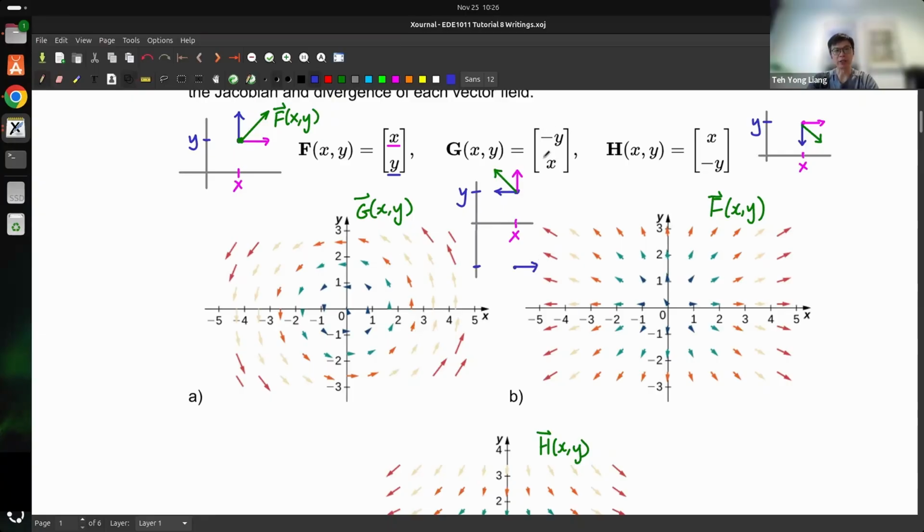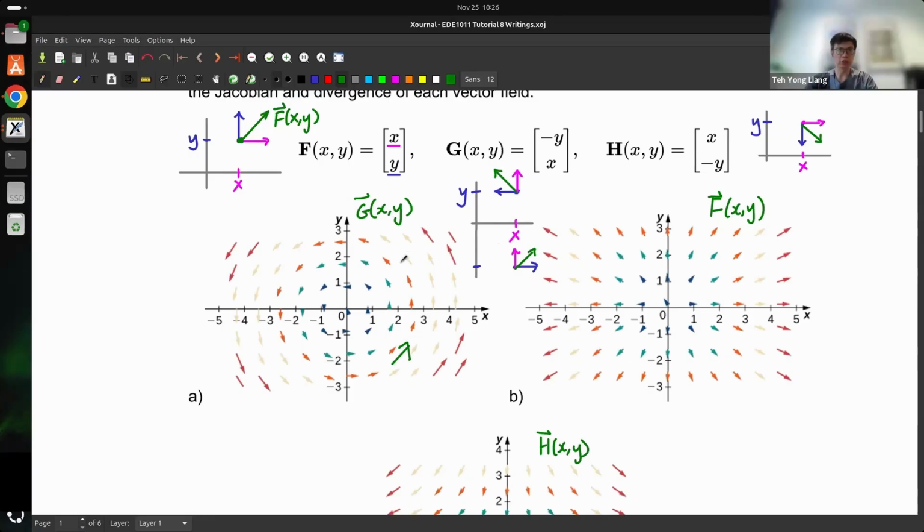But the x is still positive. So therefore, it is pointing in the upwards direction. That means the vector at the fourth quadrant must be pointing like that. So this one must be G.